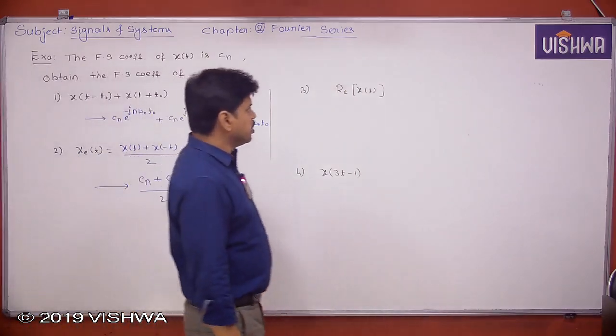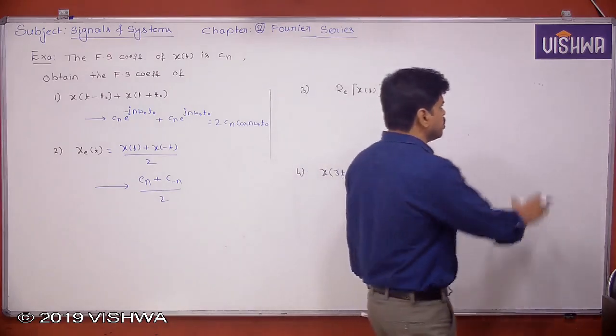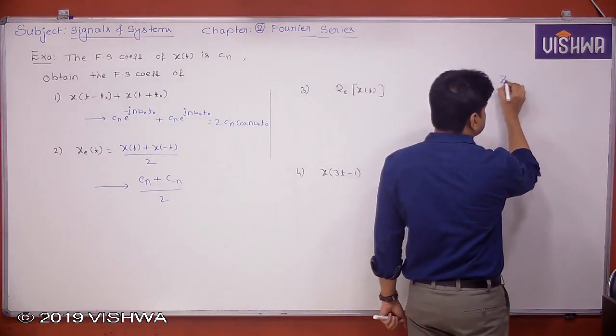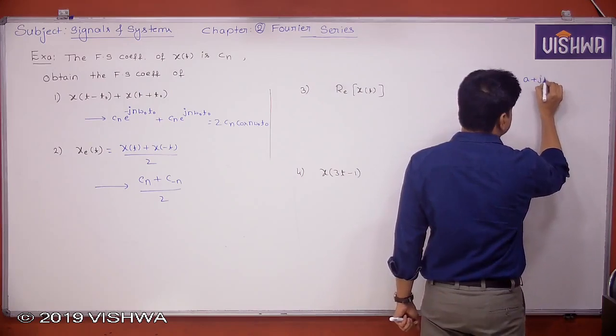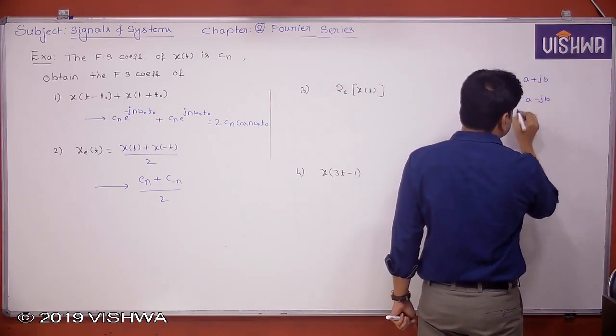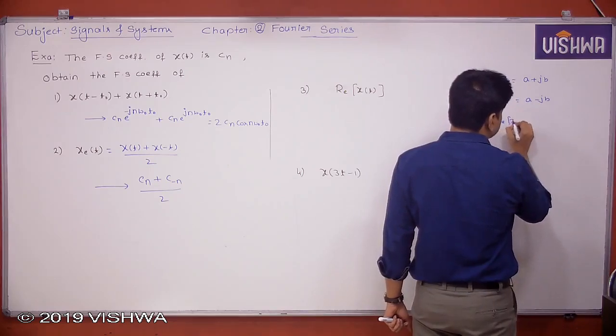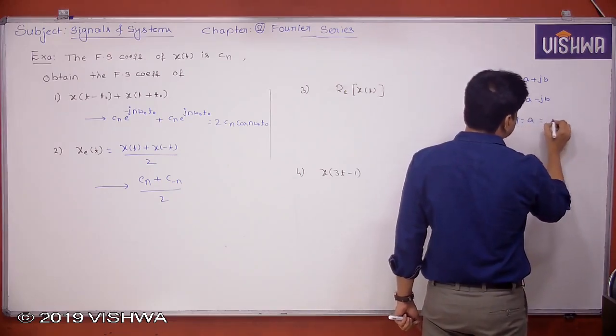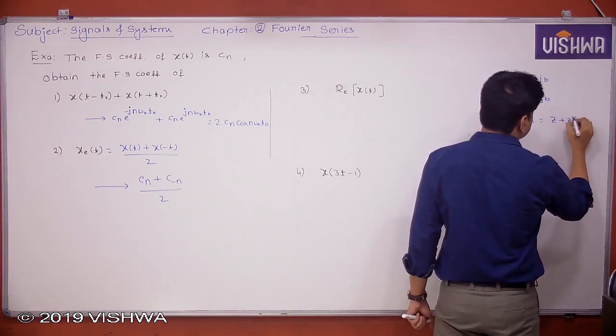Next, real part of x of t. You might know, suppose z is a plus jb, z conjugate is a minus jb. If I want to find the real part of z, which is a, it is z plus z conjugate by 2.